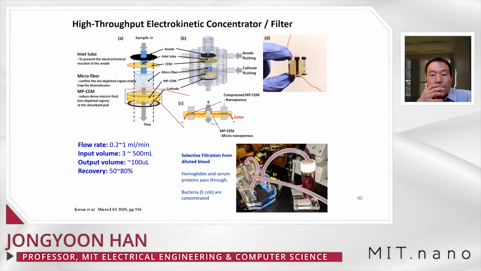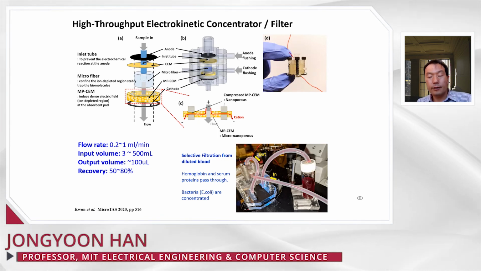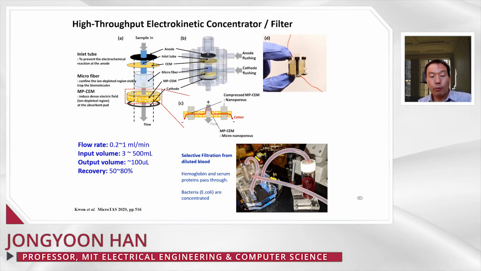In this system, the mechanical principle is almost the same, but the unique difference is that now we can pass almost a milliliter per minute flow rate. With this, we can start from almost a half liter volume and concentrate that down to about 100 microliters, with the recovery hovering around 50% or so.